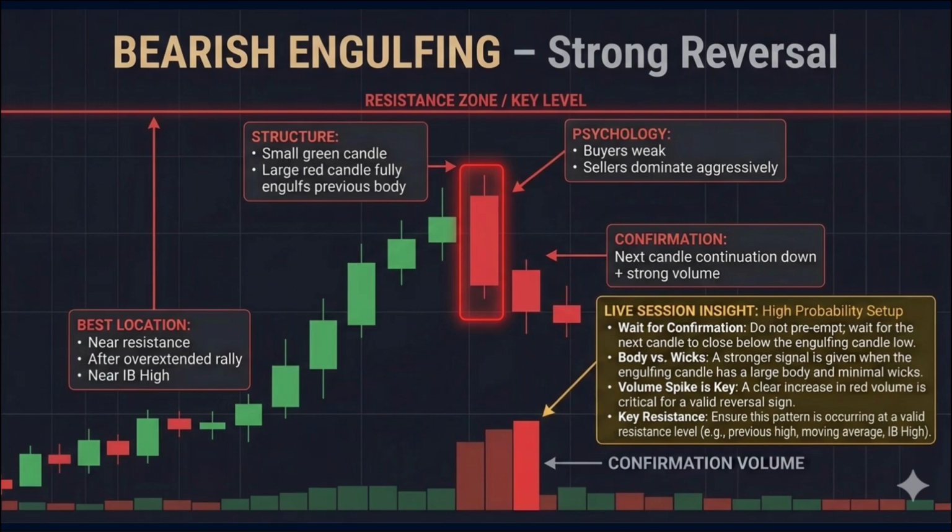Look for a confirmation candle that closes below the low of the engulfing red candle to increase the probability of a successful trade. A high probability setup is often accompanied by a volume spike on the large red candle, signaling high conviction from the sellers. If it happens during a sideways market, ignore it. You need to ignore all the patterns that happen in a sideways market.